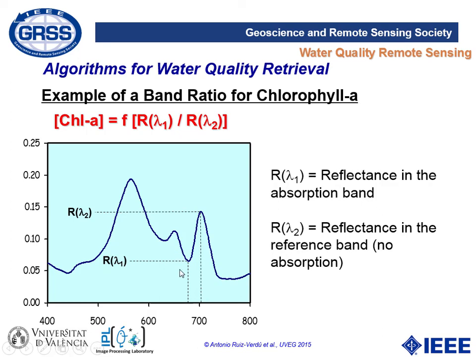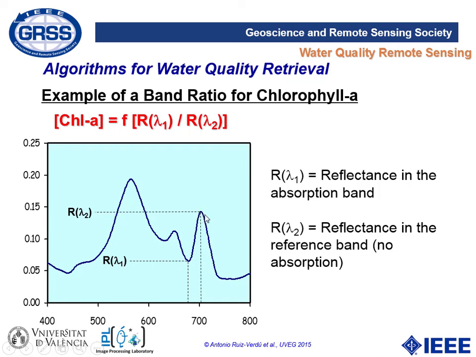Therefore, what we do, and this is an example of a band ratio algorithm, or an algorithm based on a band ratio for chlorophyll, what we do is we look for a wavelength in which the reflectance is related with the absorption, and this will be the first reflectance, and the second one is a reflectance in an area in which the absorption of this compound is minimum.